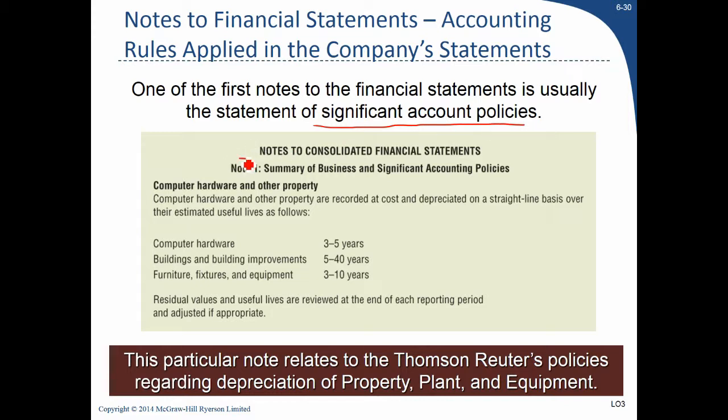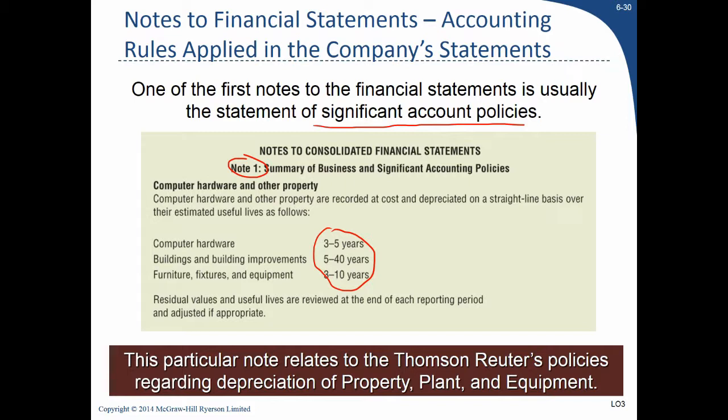Notice here how it's note 1. And here they specify the number of years that they use to depreciate their property, plant, and equipment. They say computer hardware is depreciated over 3 to 5 years. Buildings and improvements are depreciated over 50 to 40 years. And furniture, fixtures, and equipment are depreciated between 3 and 10 years.